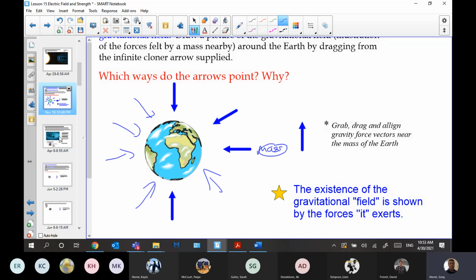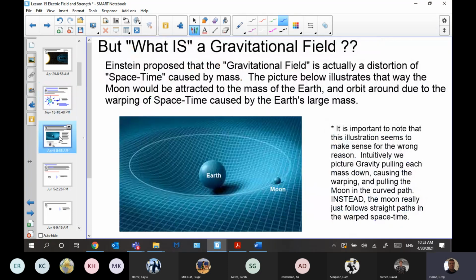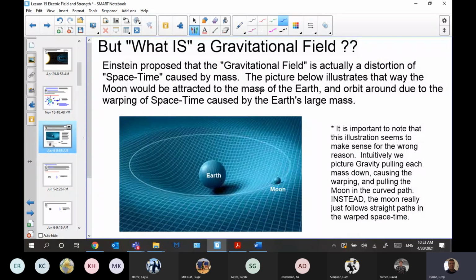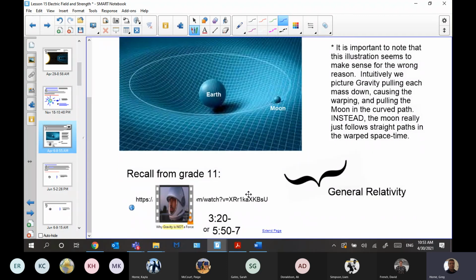I'm not going to spend any time on this page, but regarding gravitational fields, you might remember from grade 11 that Einstein realized it's actually caused by the warping of space-time. You picture the moon rolling around in a funnel kind of shape. If you're interested, this video talks about the truth about gravity, how gravity is not actually a force. It just seems like a force from our observations.